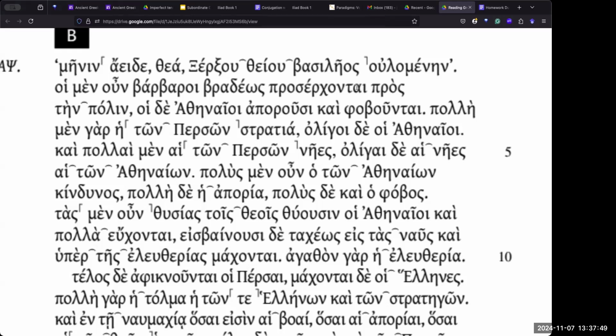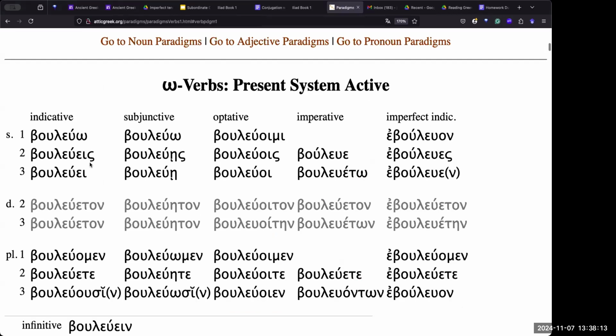All right. Okay, then now we have Athenaioi aporousi. So this is an aporeō epsilon contract, right? -ousi becomes -oun, right? If you go back to our chart, we'll see here -ousi, -oun. Ending -ousi, and it's an epsilon contract.